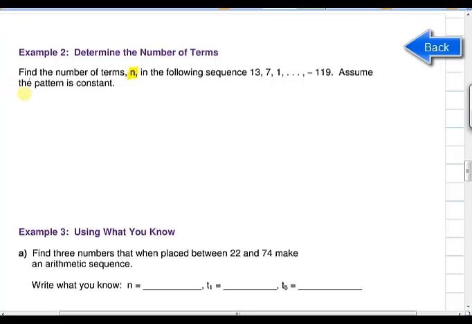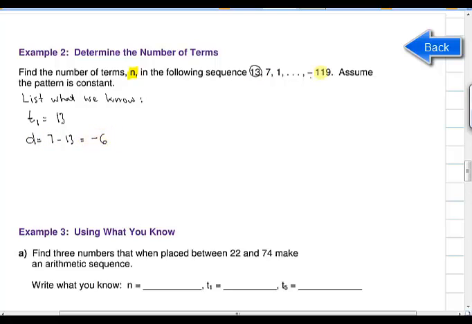So just like on example number 1, let's list what we know. Okay, we know that t1 is 13. We aren't given d, but we can calculate it by going 7 minus 13, and that gives us -6.